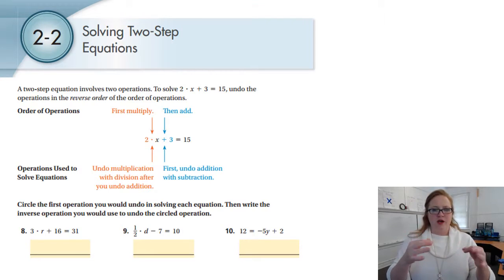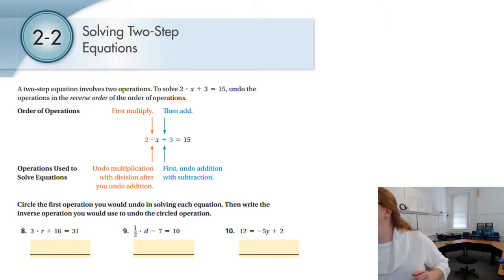A two-step equation has two operations. For example, to solve 2 times x plus 3 is equal to 15, undo the operations in the reverse order of the order of operations.